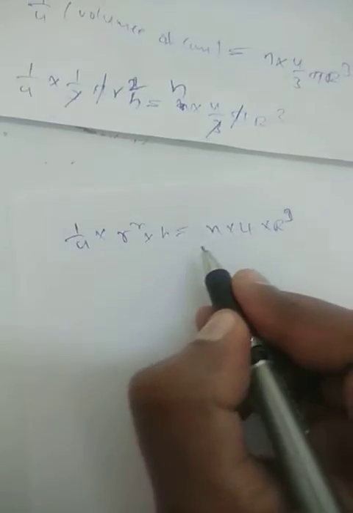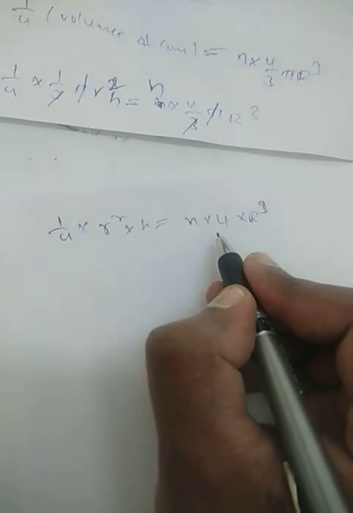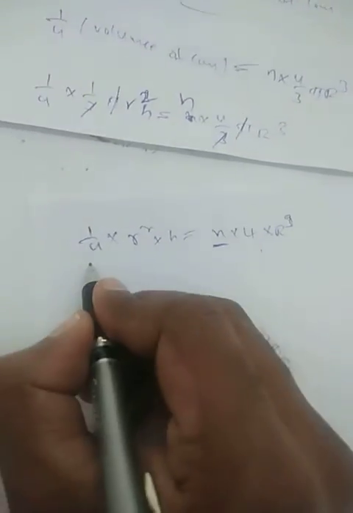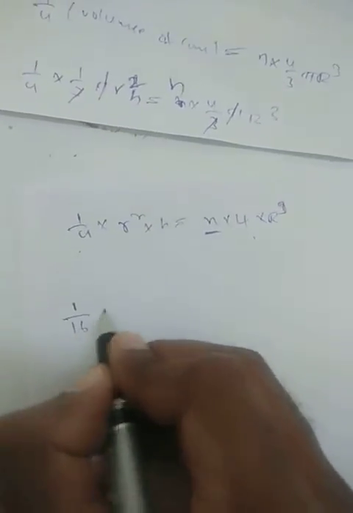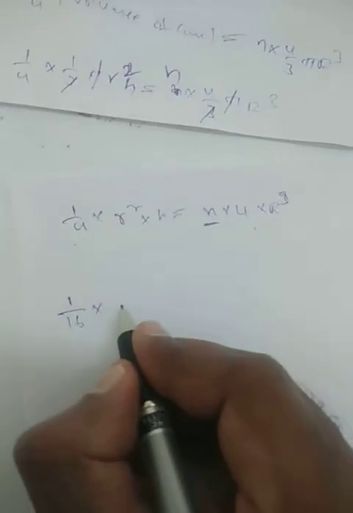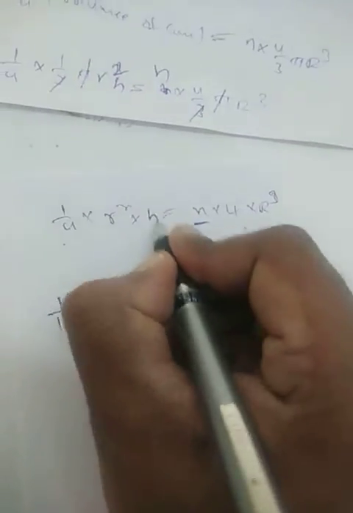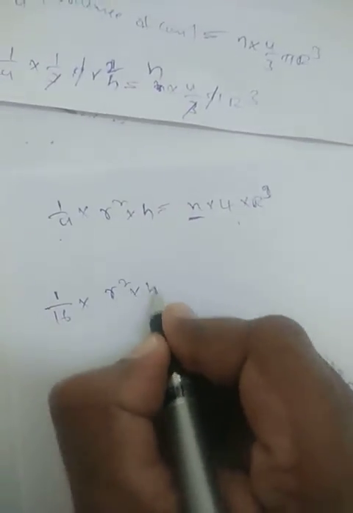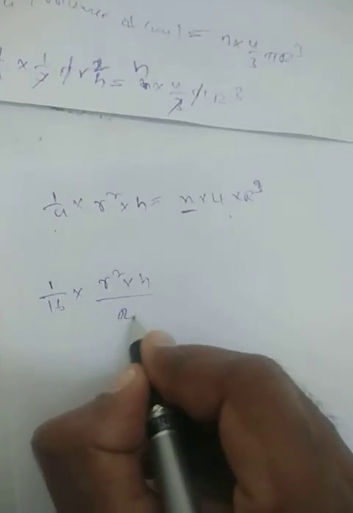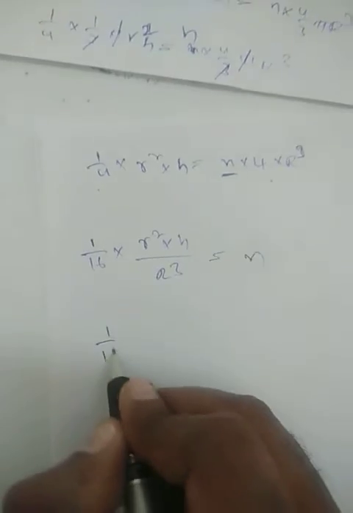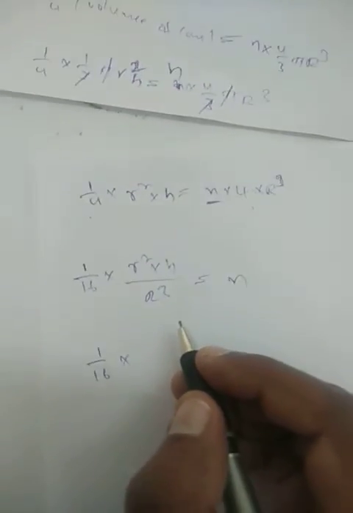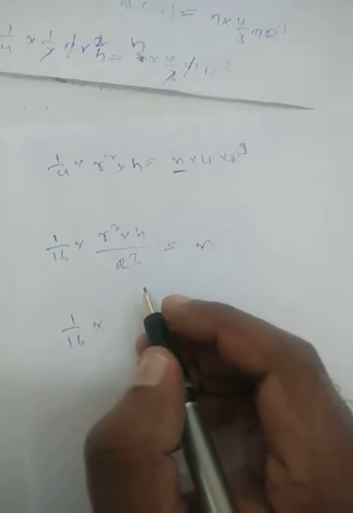Now we need to find the value of n. Let the 4 come to this side, 4 fours are 16, it will come to the denominator. So n is equal to r square into h by r cube. Now 1 by 16 into the radius of the cone, which is 5 centimeter, and height is 8 centimeter.